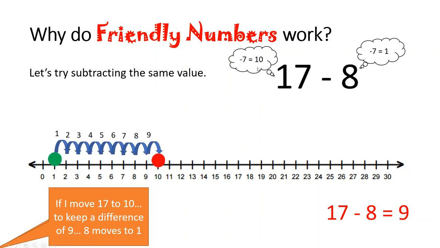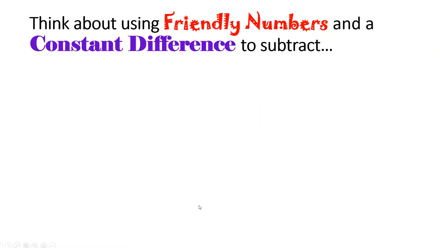We took away 7 from the 17. We also had to take away 7 from the 8. And can we do that math in our head really fast? 10 minus 1? Of course we can. That's 9. That's even easier than the other way. So we always want to think about friendly numbers and keeping this constant invisible distance. And no matter where we drag it on the number line, it's always the same distance, 9 apart.